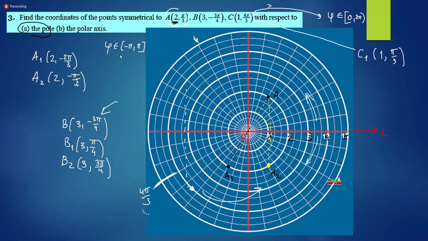They have assumed that the angle is from 0 to 2 pi. So this would be the symmetrical point with respect to the pole, and with respect to the axis.